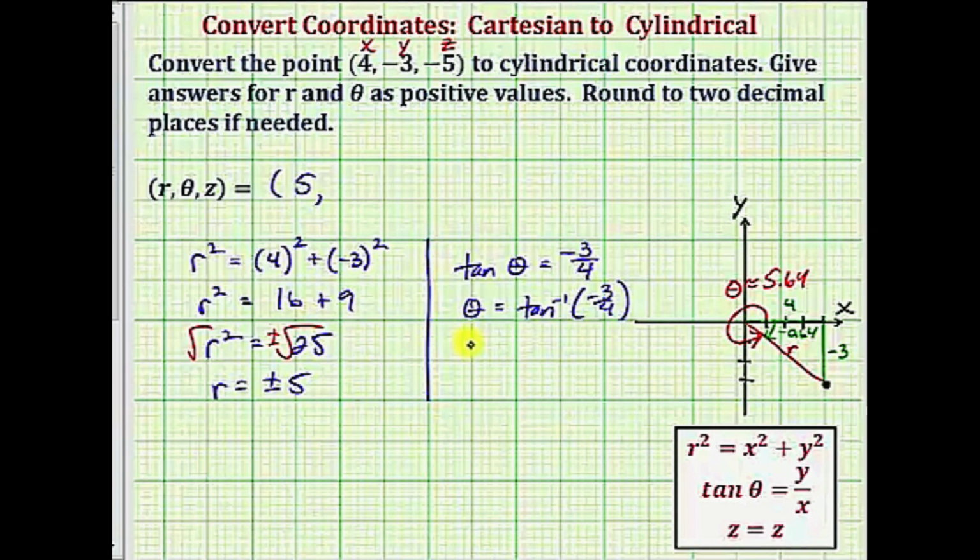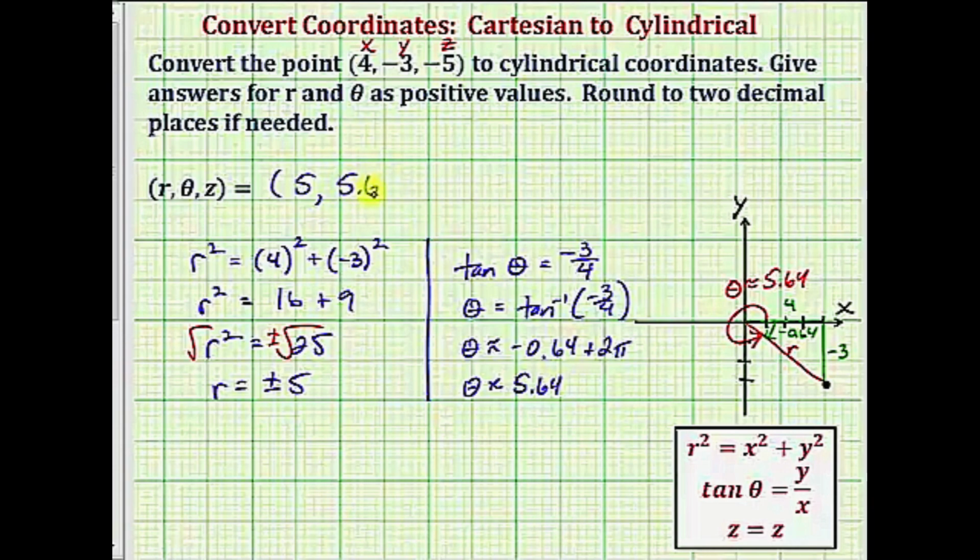So again, the calculator gave us theta was approximately negative 0.64 radians. But to find the least positive value for angle theta, we added 2 pi radians to find our angle, which is approximately 5.64 radians. So that's our second coordinate.